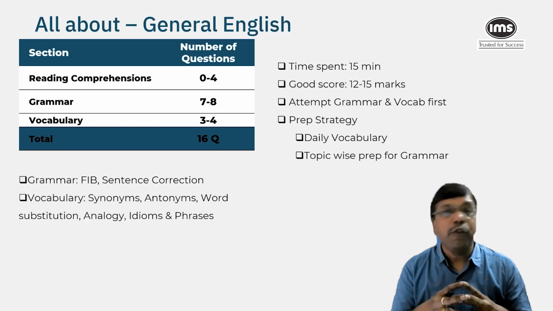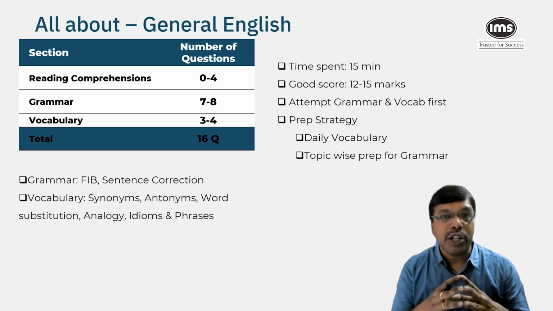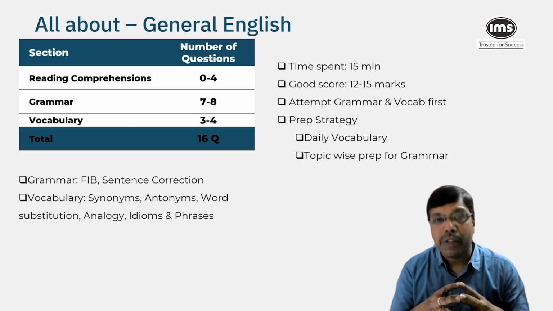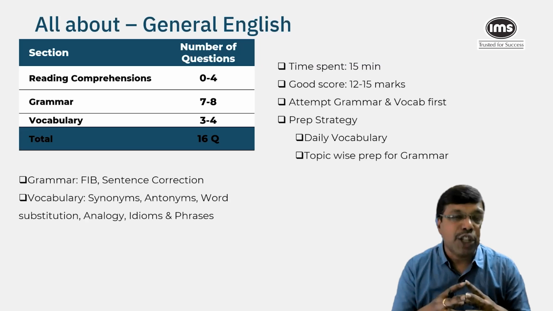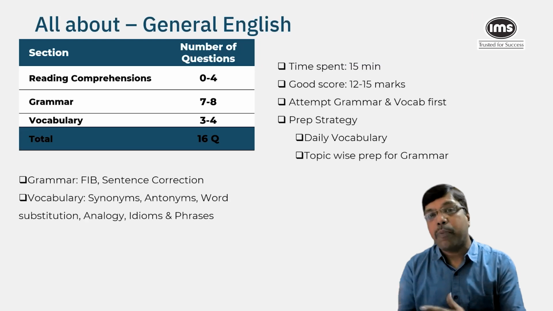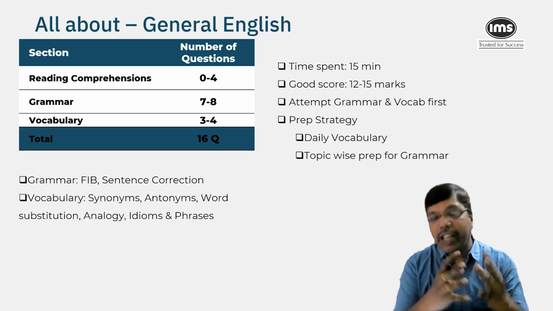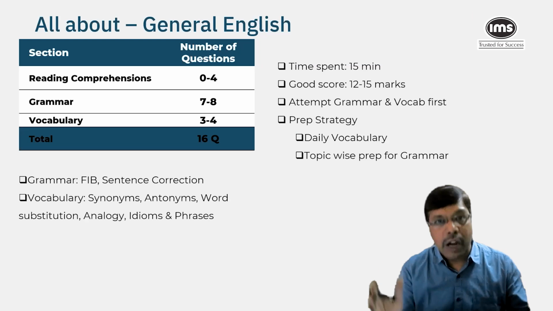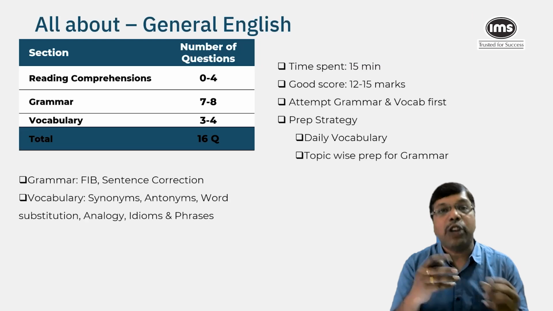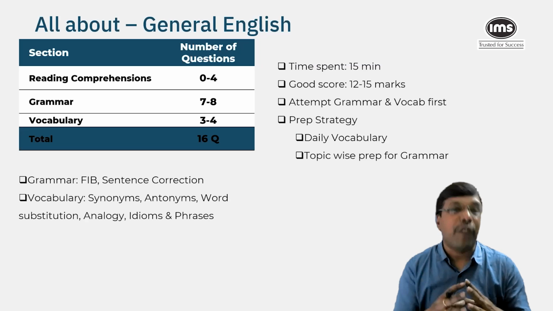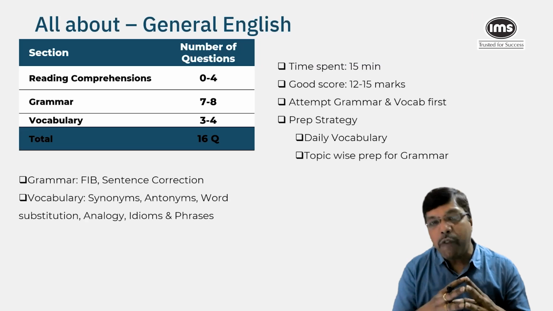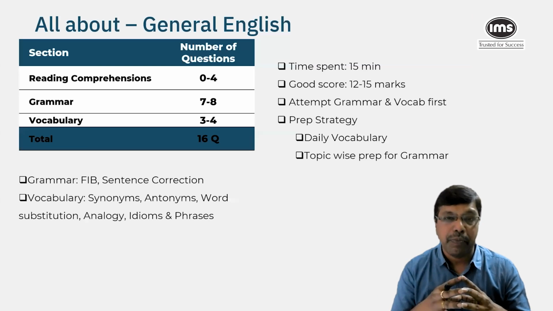Now, in case you do have reading comprehension or parajumbles, it is best course of action to attempt the grammar and vocab questions first, so that in the initial few minutes, you cover more number of questions that will give you some additional buffer time to answer the questions of reading comprehension.